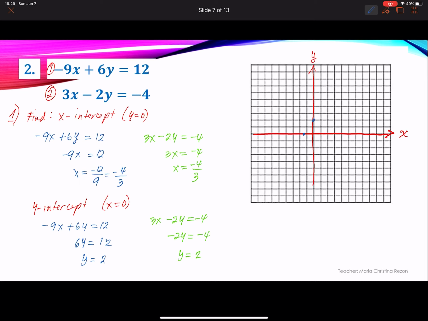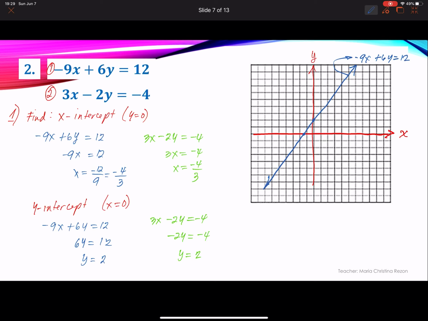You connect these two together to have a straight line. So this is now the graph of your equation negative 9x plus 6y equals 12.